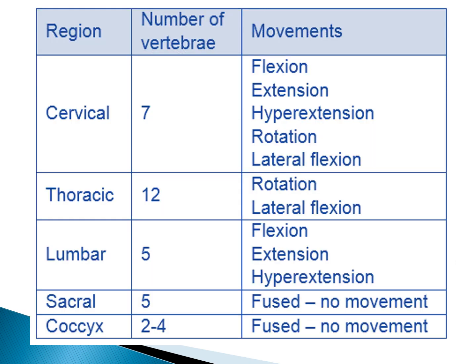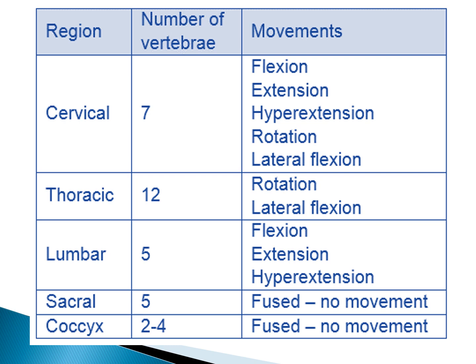The important movements in the cervical vertebrae are flexion, extension, hyperextension, rotation and lateral flexion. In the thoracic region, the movements are very minimal because they are attached to the ribs: slight rotation and minimal lateral flexion.